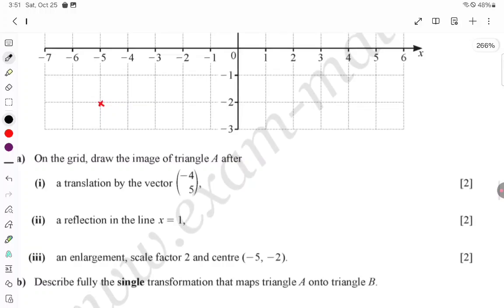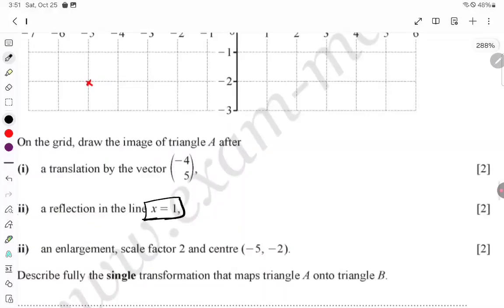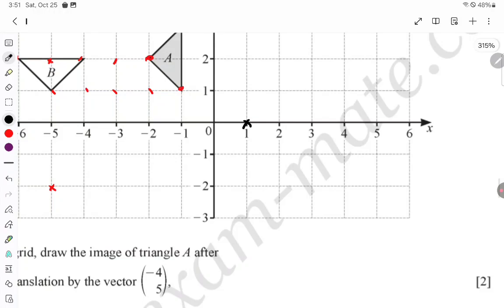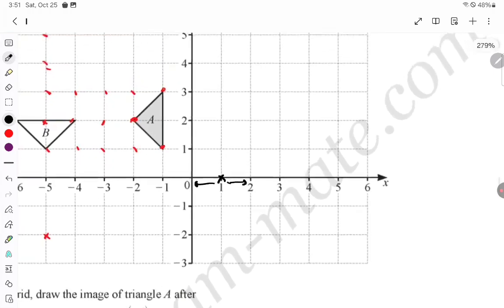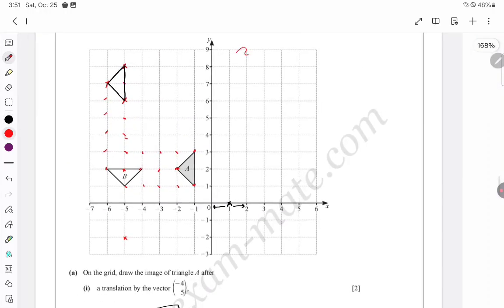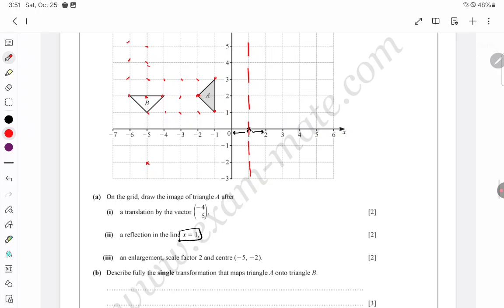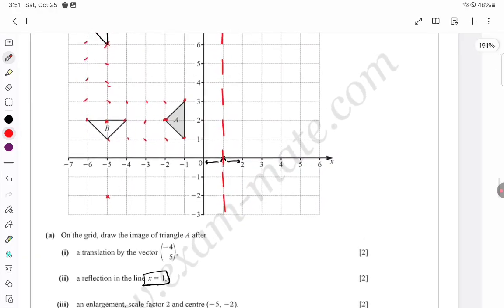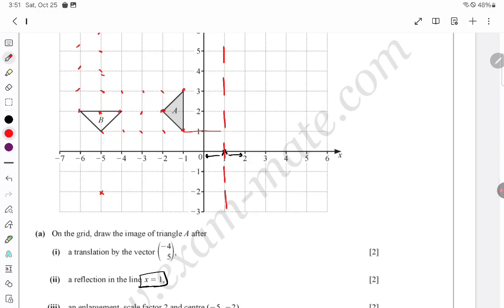For part 2, reflection in the line x equals 1. Now here x equals 1, not less than, not greater than. That means the x value is fixed right here, so it is not moving to the left-hand or right-hand side. So we have to draw the reflection right here. Now for the reflection, 1 unit, 2 units from the left-hand side, 1 unit, 2 units from the right-hand side, we get our first point.